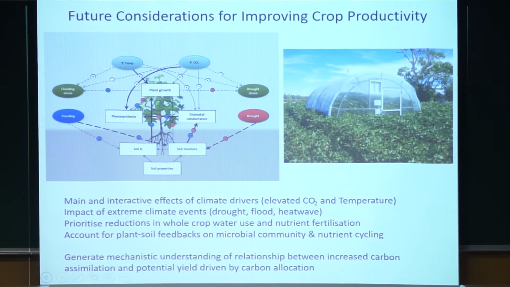A lot of us work in silos, so we're plant people or soil people, and obviously there are groups that get together and have conversations and work together, but that's really a strong focal point in our lab group. We need to be able to generate a better mechanistic understanding of these relationships if we're going to increase yield.